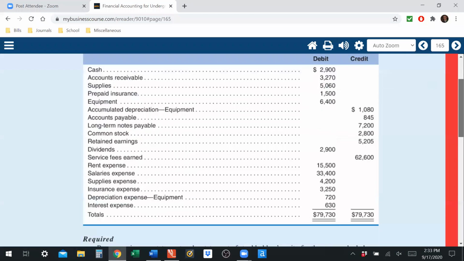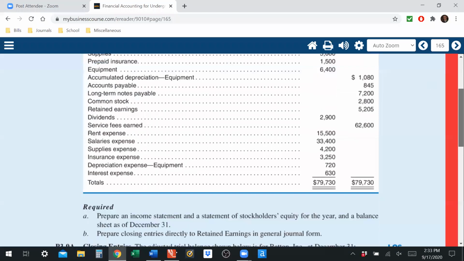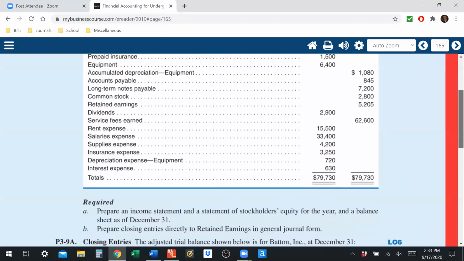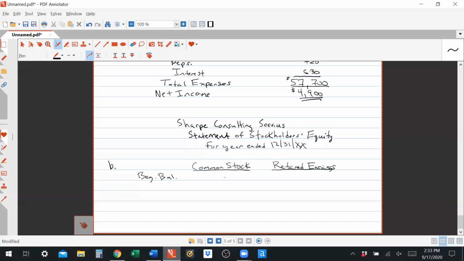It doesn't give us the beginning balance. So if it doesn't give you the beginning balance, you just assume the beginning balance is 0. There were no additions to common stock, there were no subtractions.